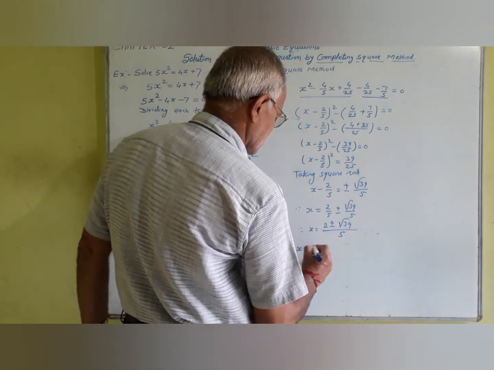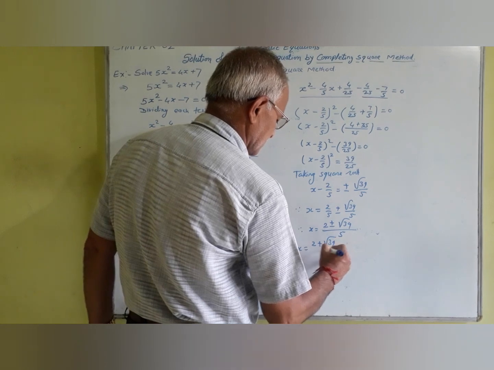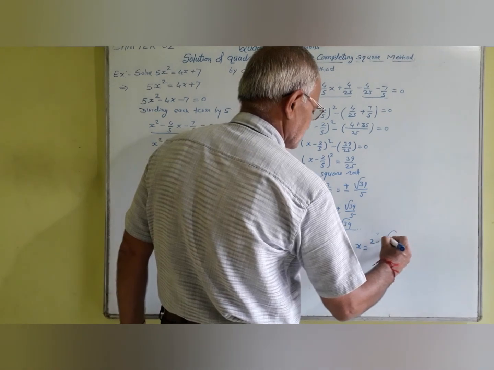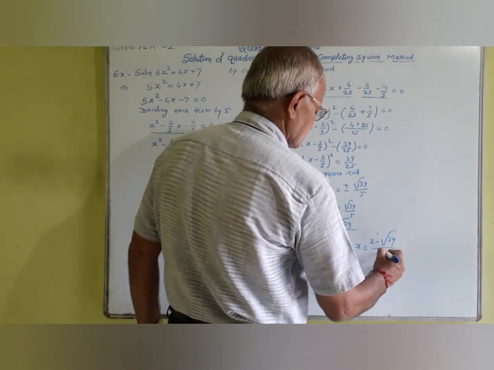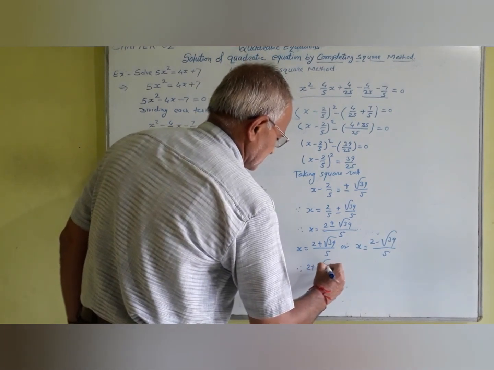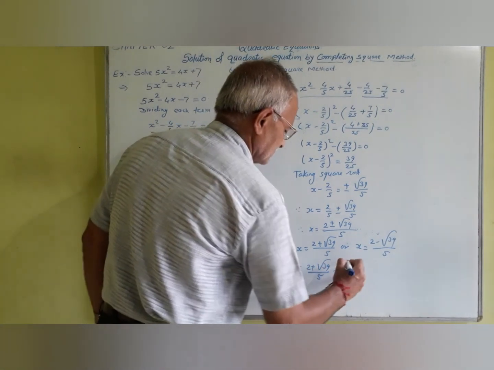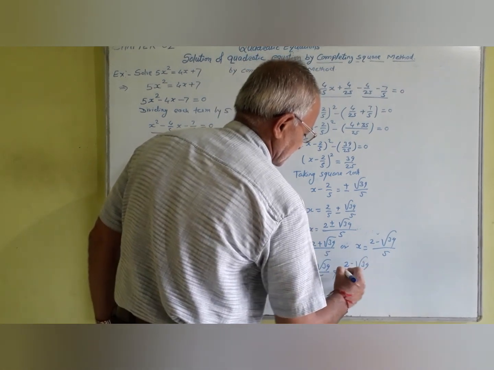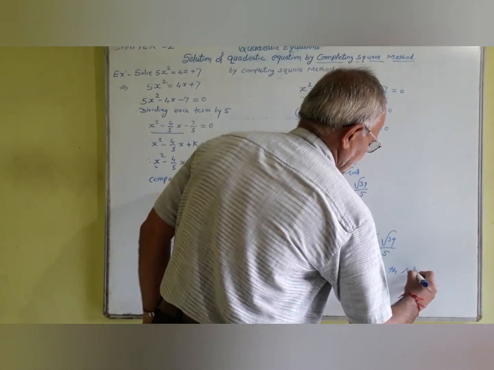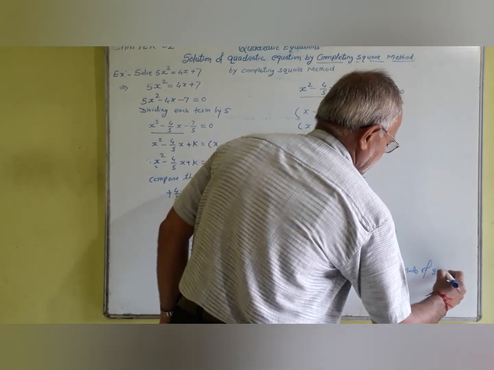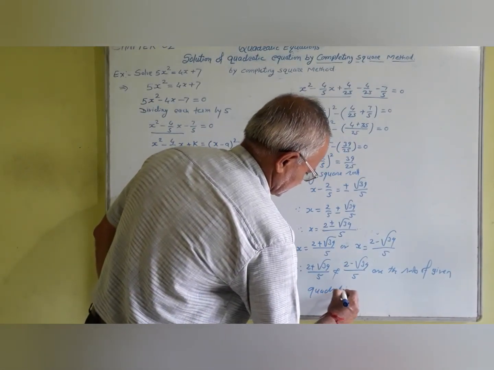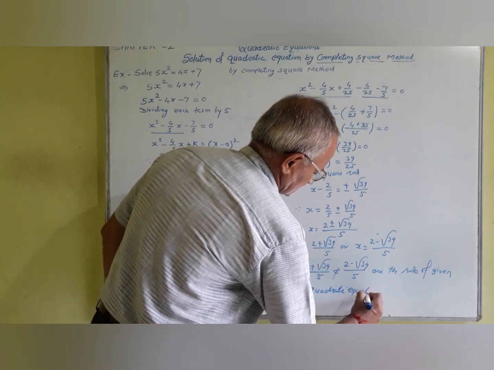Therefore, x is equal to (2 plus square root of 39)/5, or x is equal to (2 minus square root of 39)/5, and therefore (2 plus square root of 39)/5 and (2 minus square root of 39)/5 are the roots of the given quadratic equation.